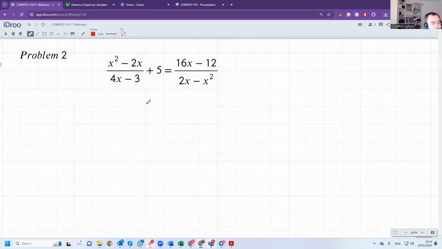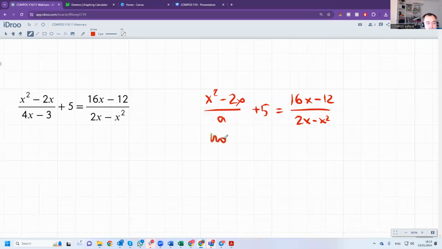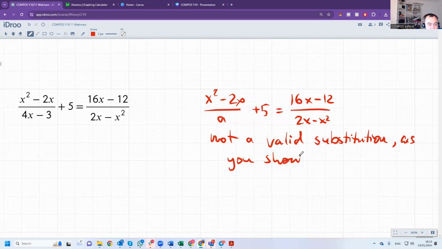Therefore, x squared minus 2x over a plus 5 equals 16x minus 12 over 2x minus x squared is not a valid substitution, as you should not have x left.